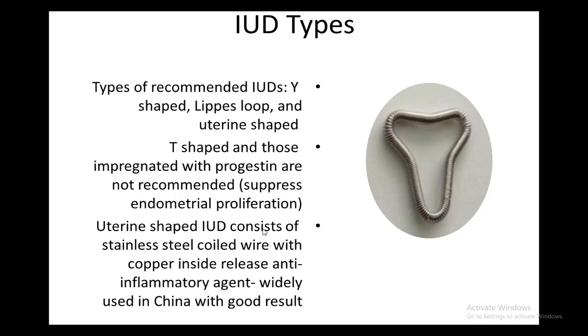The uterine-shaped IUD consists of stainless steel coiled with wire with copper inside, releasing an anti-inflammatory agent, and is widely used in China with good results. An IUCD with progesterone we do not accept because it will lead to atrophy, but we need proliferation. That's why it is better to use a stainless steel copper type IUCD.